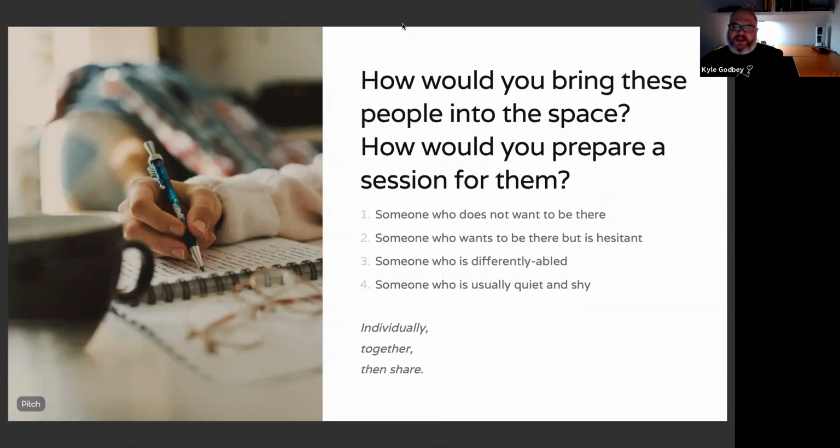But this still falls back on, as almost all of these do, a meet-them-where-they-are kind of methodology. Rather than having a group discussion, you're having people write things on Post-its and put them up there.